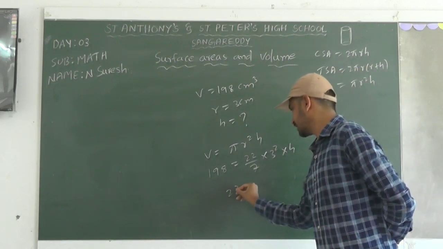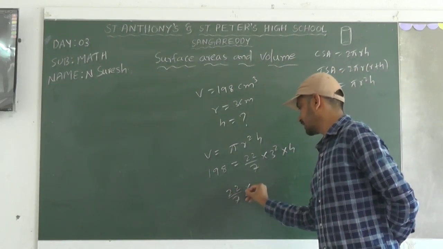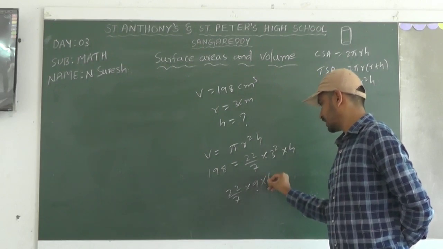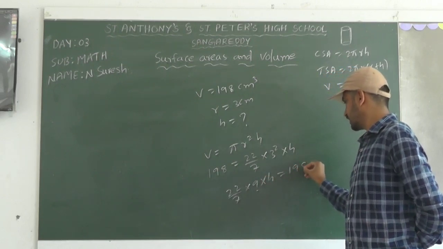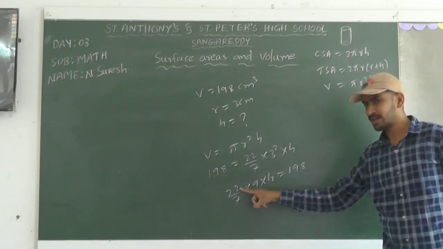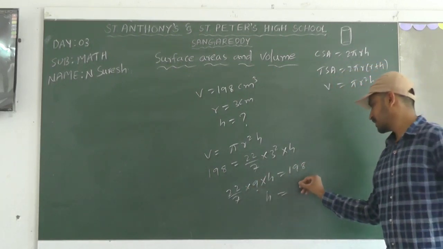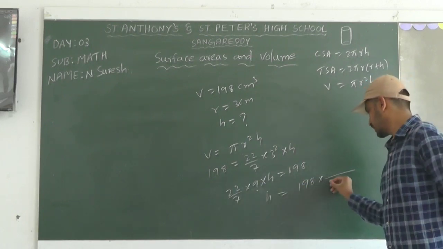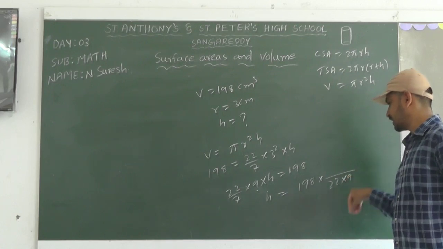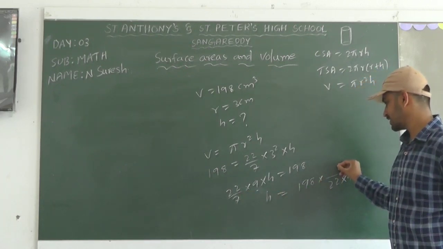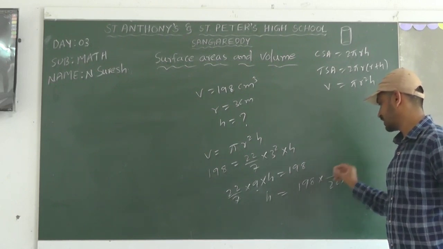So 22 by 7 into 9 into h equals 198. So we can write h equals 198 into, 22 is a multiplication, it becomes division, 22 into 9. And into 7 is the division, it becomes multiplication.